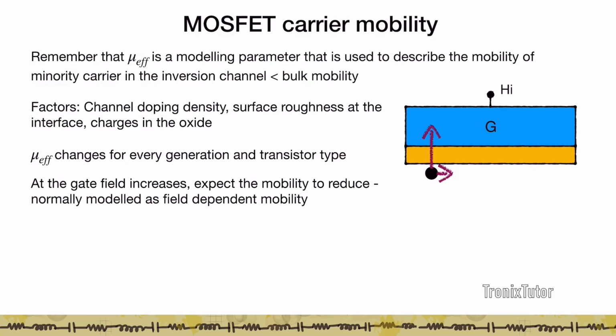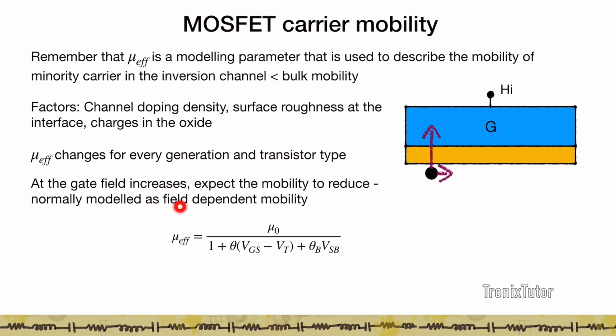And now if I increase the gate field, that is if I create more charge, I increase the probability of these collisions with the surface, which means that I will reduce the mobility. So in most cases, as I increase the gate voltage, I keep increasing the gate charge but might end up reducing the mobility, which means that it tempers the drive current that I might get out of this model.